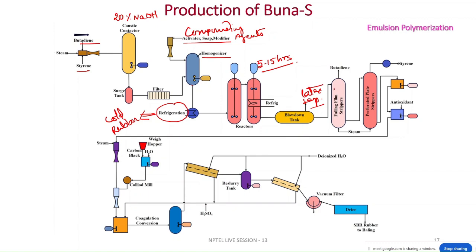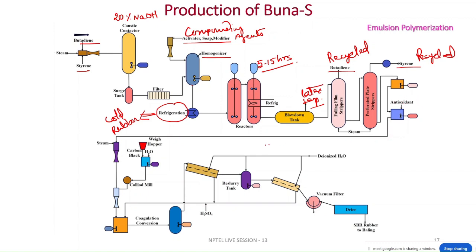Then it is sent to the falling film stripper to separate butadiene as the top product, which is recycled, and the rest of the product is sent through the perforated plate stripper. From here the top product, styrene, is separated and can be recycled back. Then the product from this stripper is sent to a further mixer where antioxidants are also used.